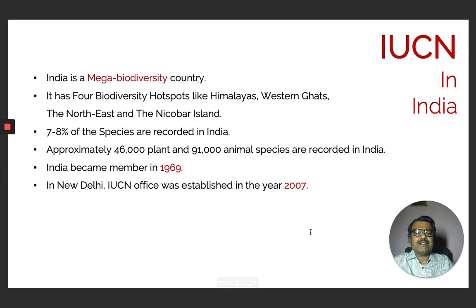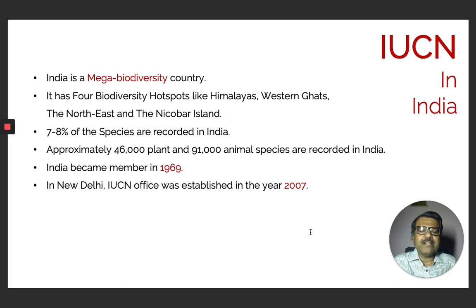In the next slide, we are seeing what is the status of IUCN in India. India is a mega biodiversity country, and it has four biodiversity hotspots: the Himalayas, the Western Ghats, the Northeast and the Nicobar Islands.